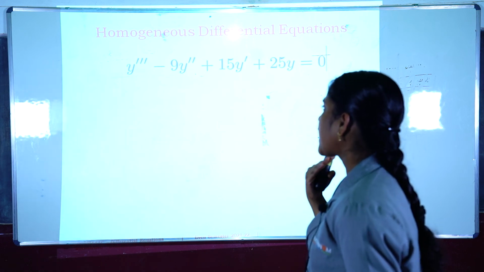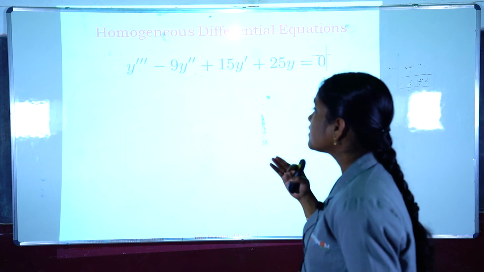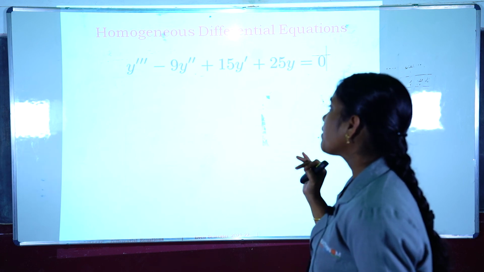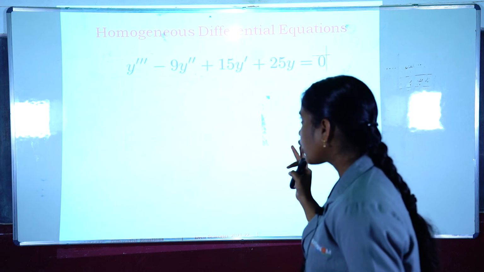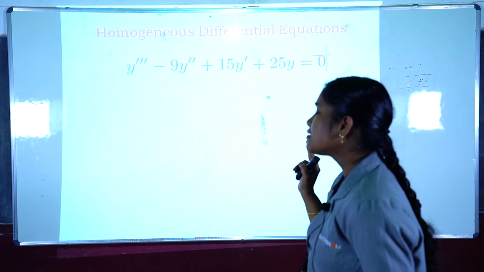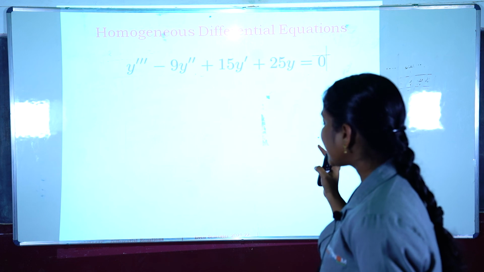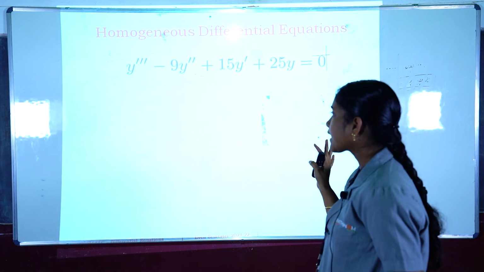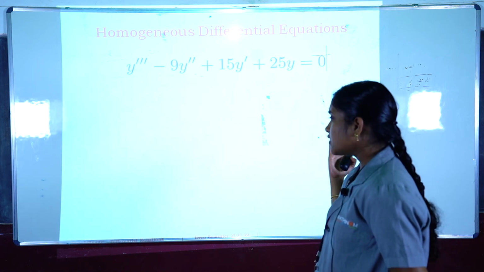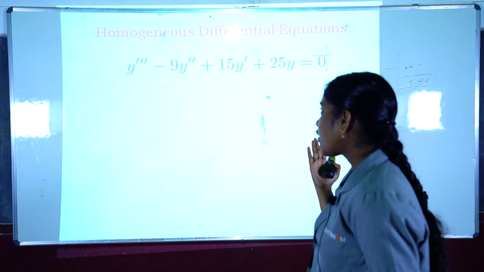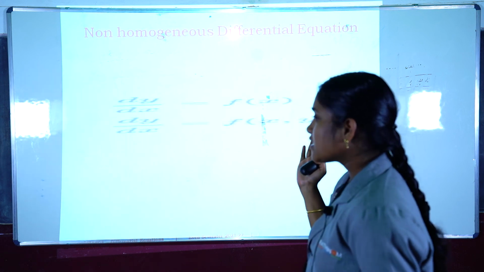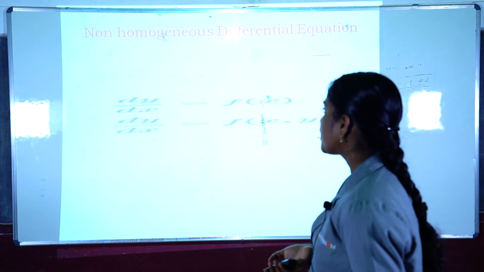We can understand that y triple dash is the third order derivative, which means d cube y by dx cube, y double dash means d square y by dx square, and y dash is obviously dy by dx. So these are all considered as homogeneous differential equations.